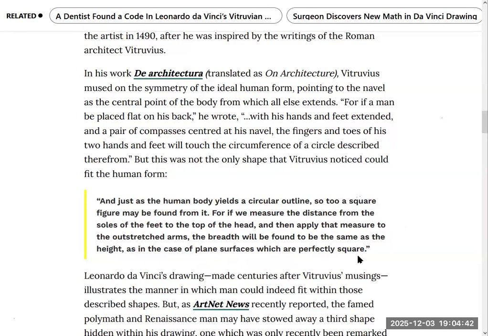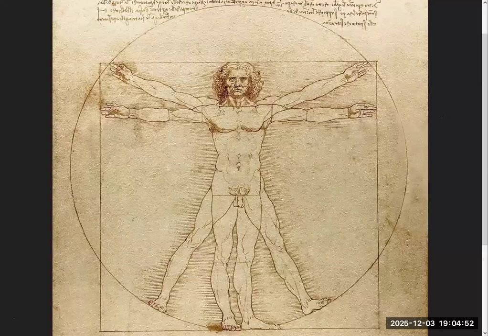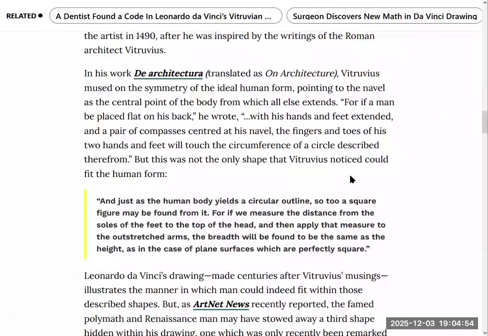So that's a slightly hard to understand description of how we come up with that circle and square in this picture here. If you could understand that, you're better than me.